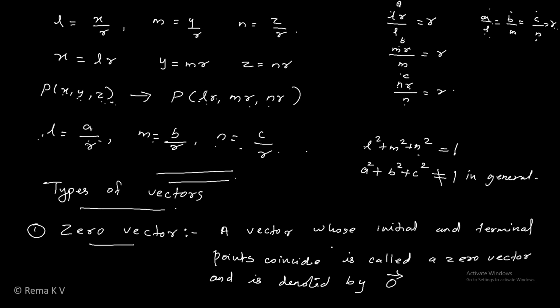It is 0. That means the initial point is A and the terminal point is also A, it is not moving from here. And we can consider the direction of the zero vector in any direction. That is, we can represent it as vector AA, or it is BB, etc. This can be taken as a zero vector.